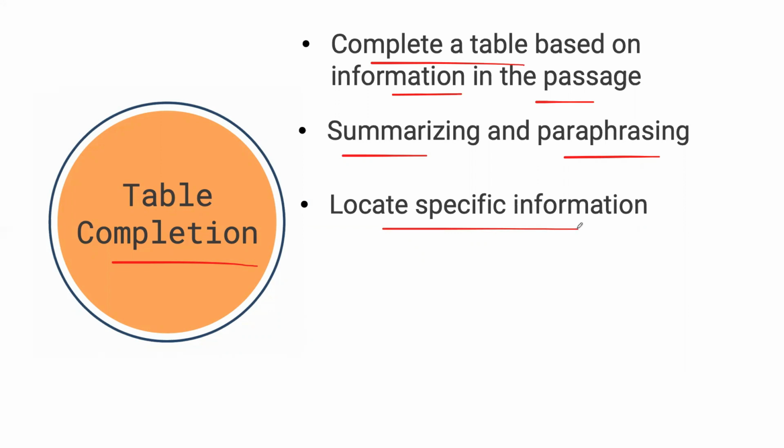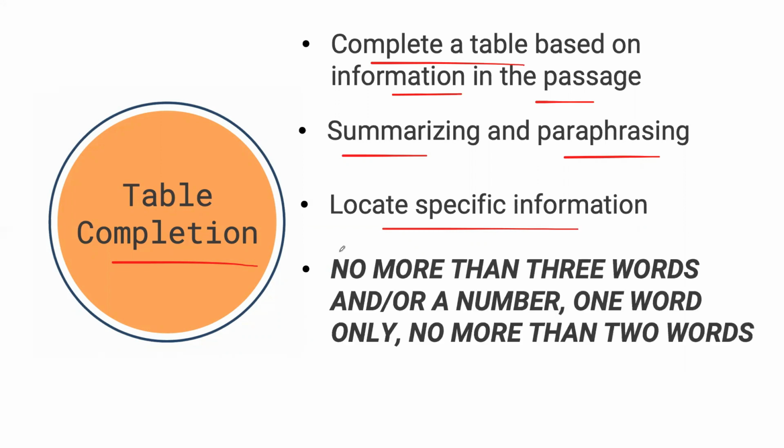Okay, you can also prepare yourself for these lovely directions that come up for certain completion question types. No more than 3 words and or a number, 1 word only, and no more than 2 words. These are the most typical. These are the instructions you'll see. Of course, if you have no more than 3 words and or a number, consider that the most difficult set of instructions because it gives you really any option.